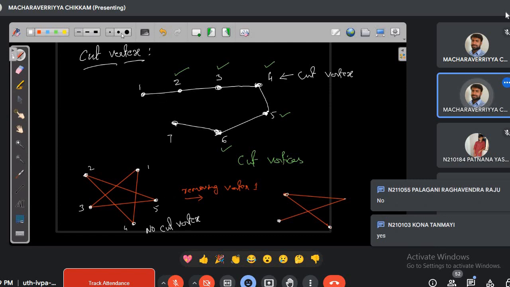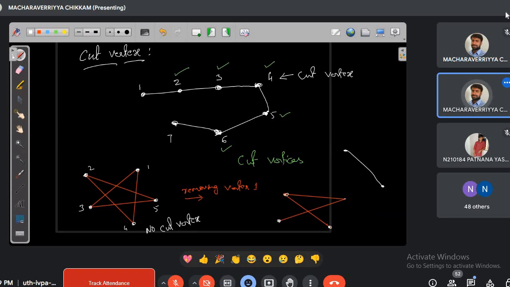Removing 1 and 5, what do you get? You get this one. 2, 4. No, I think it is becoming disconnected? Removing 1 and 5, we have 2, 3, and 5. Oh, from 3 to 5 there is an edge, sorry. Right, there is an edge.